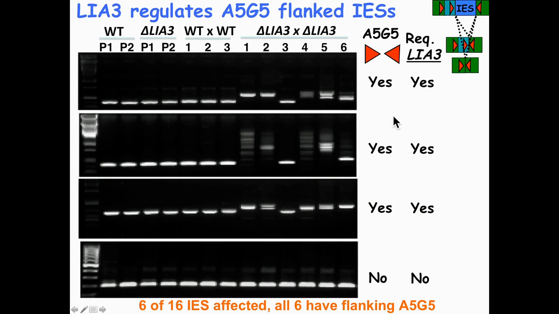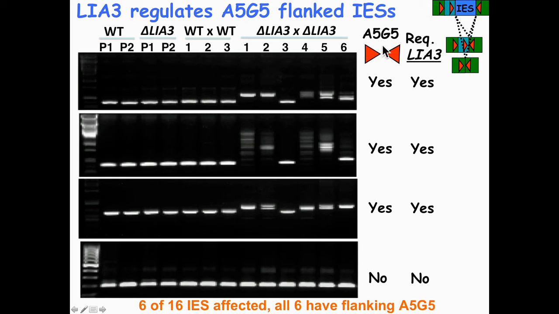This was actually true of, at this point we had the genome sequence, so we were able to go through and find other IESs that have these A5G5 sequences flanking them, including the MIS, which I'm not showing here. In normal wild type cells, or in the parents or progeny, there's very accurate excision of all of these, so you see a single product, whereas in the progeny of the Lia3 mutants, you now see very heterogeneous boundary formation.